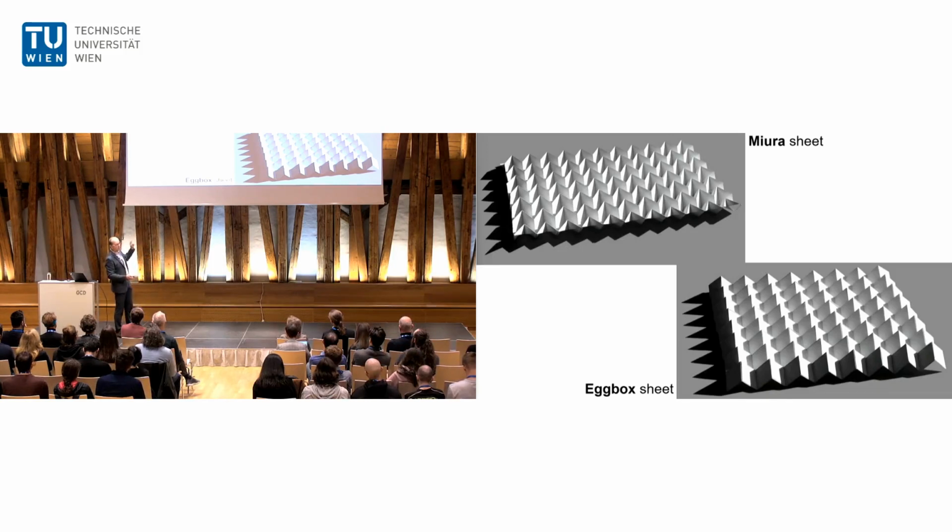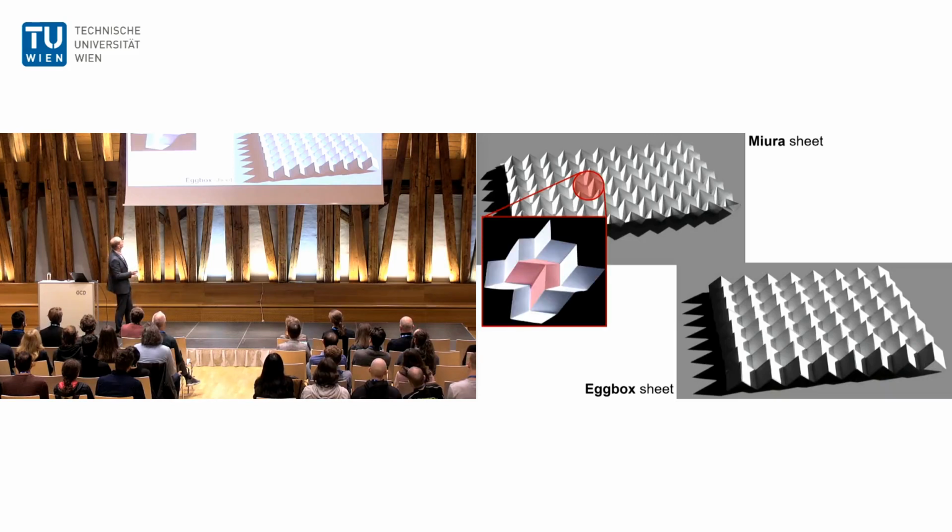And also, we compared that with this thing which we call the egg box sheet, which is in the bottom right, which is very similar, as we'll see. But in fact, this is not a developable surface. So the egg box, the Miura sheet I'm showing here, you see has got this very familiar fold pattern that we know about.